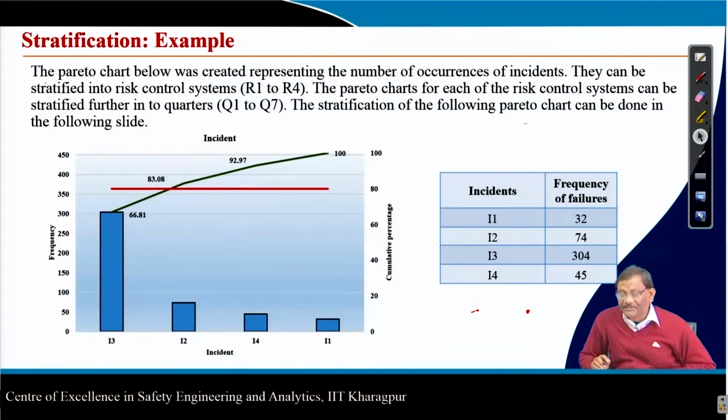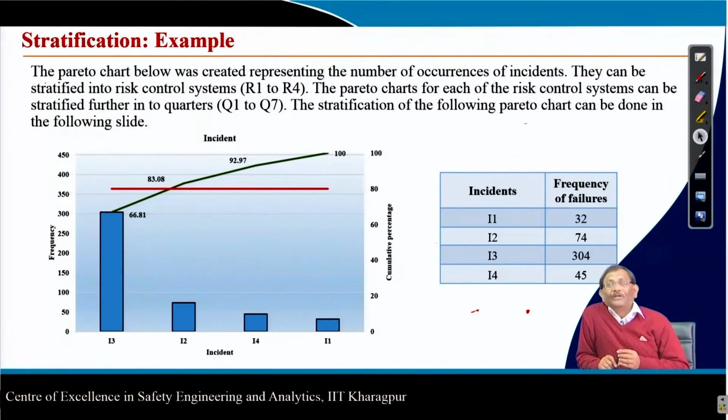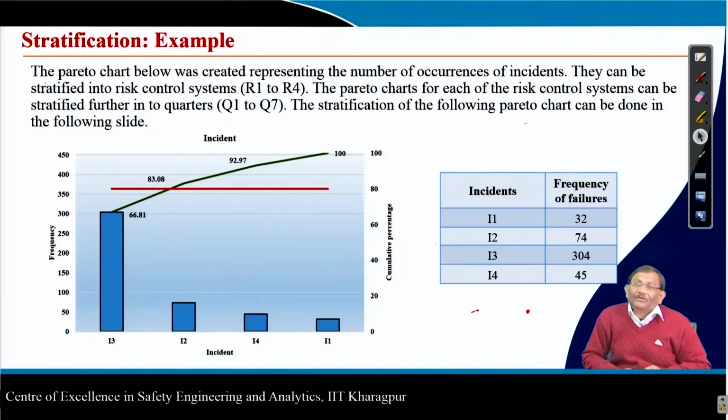Strata can mean, for example, when I was giving you an example that I want to know the safety performance of workers, if you mix the performance of young, middle-aged or old, or inexperienced and experienced workers, then when you try to understand how the workers are behaving safely or unsafely, you will not get a clear picture, because the behavior patterns of experienced and inexperienced people will be different.